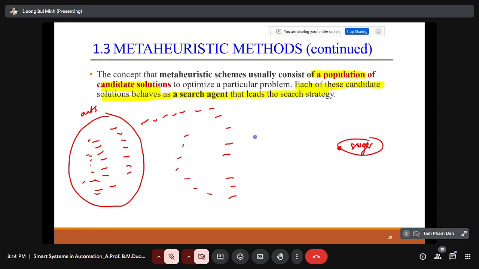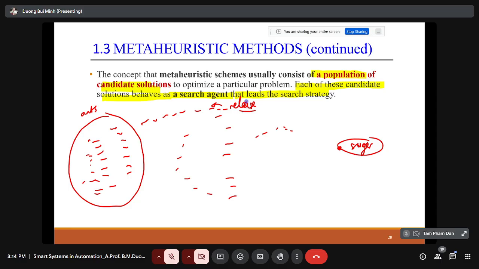After some time, as the ants move, they release a chemical in such a way that the other ants will follow.